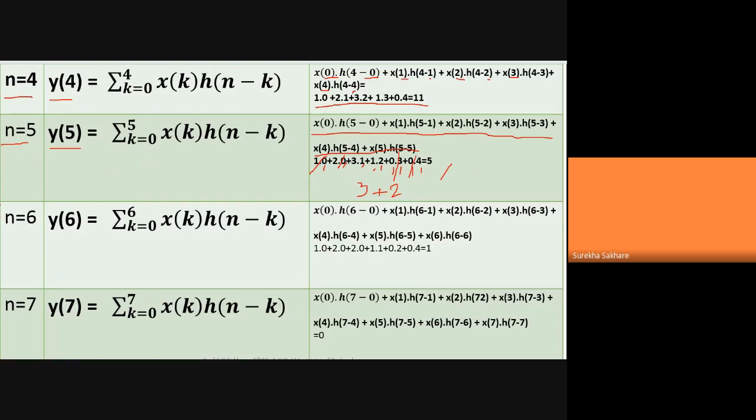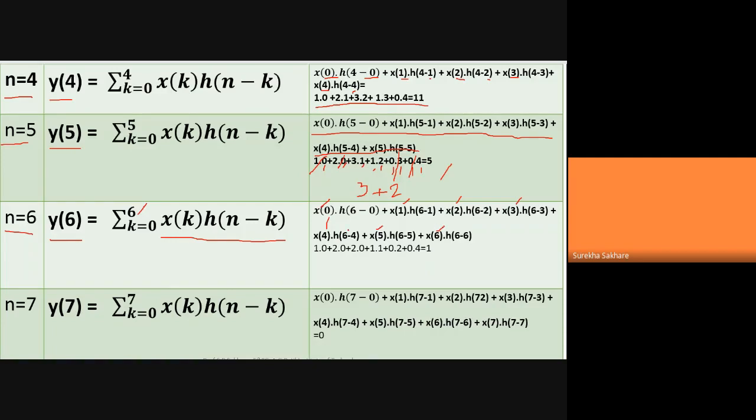Now, when I have n equal to 6, I have value of y of 6 which has to be obtained. Now n value is 6. Now x of k, this is the same formula. Put the value of k as 0, 1, 2, 3, 4, 5, 6.